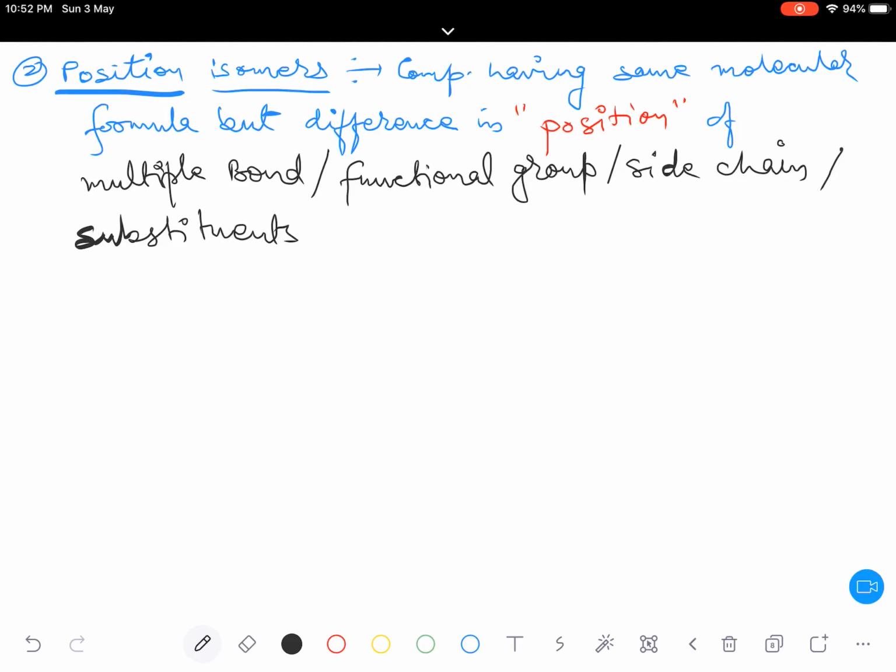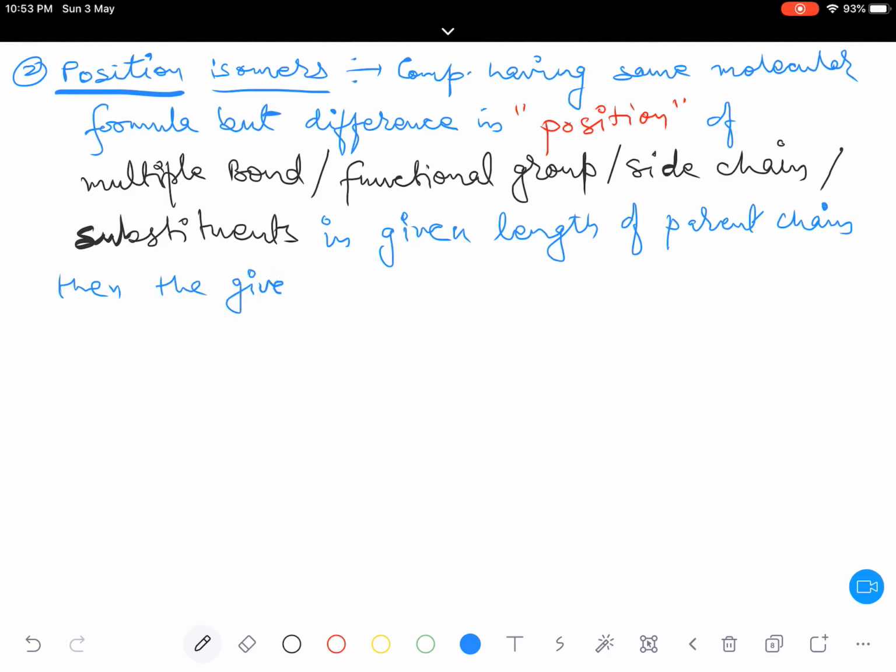Means if any of these things change position in a given length of parent chain, then the given compounds are known as position isomers to each other.